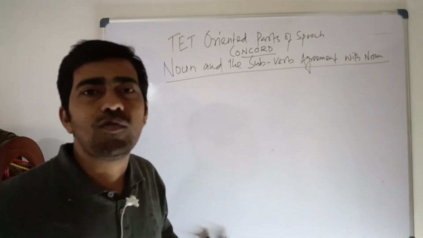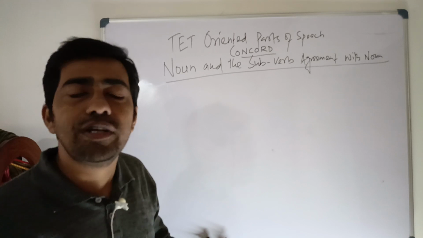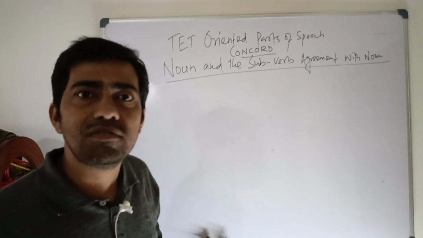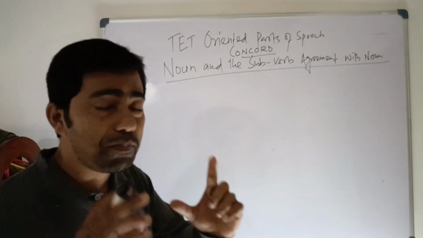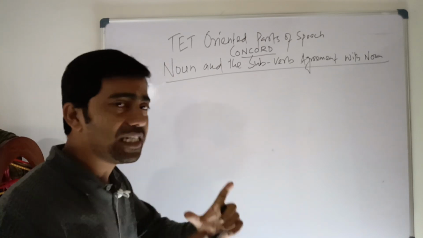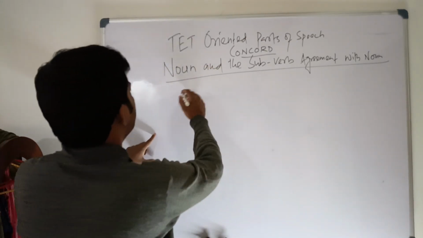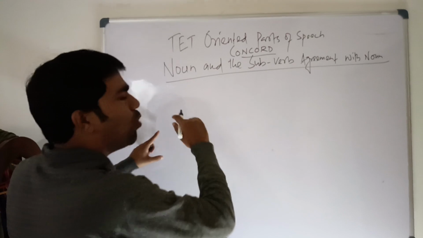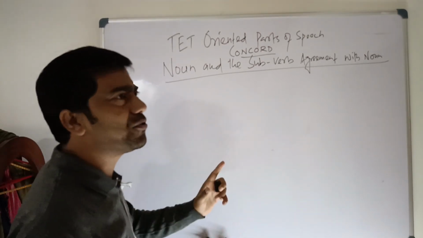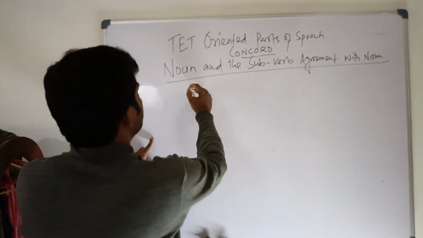So what is a noun? Naming words are called nouns. Of course, how many kinds of noun are there? But precisely I will classify noun. The whole noun will be clear to you from this lecture.